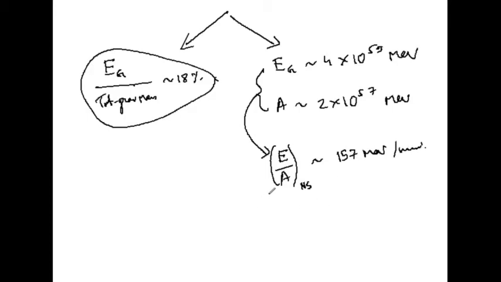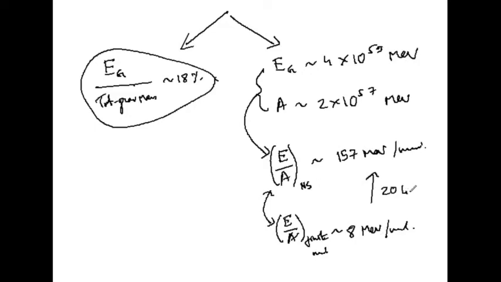Now if we compare this with the E by A for a finite nucleus, what do we find? The finite nucleus has just 8 MeV per nucleon. So this means that compared to this, the neutron star is around 20 times more bound. Look at the values over here.